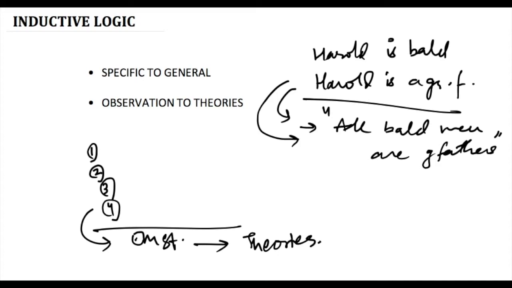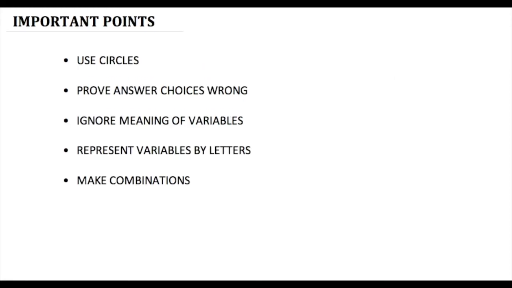On the other hand, when we're talking about deductive logic, we're talking about using theories to make certain specific observations in real life. After these theories have been proven, they are used in specific situations to understand the reasons behind those situations or observations. Let's come to certain important points after having understood deductive and inductive logic.